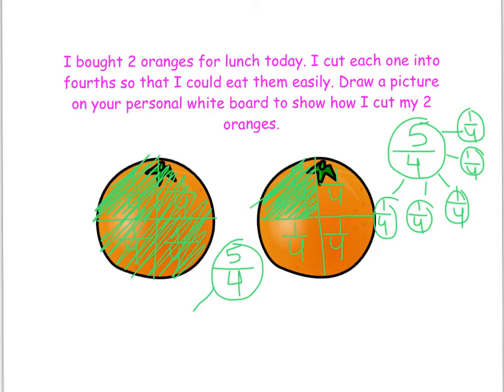Well, to make up the whole, there's 1, 2, 3, 4 pieces. So I would write 4/4. And then they want the other part to show the pieces that are more than 1 whole. Well, that would be this piece right here that I ate, 1/4. So the other part of the number bond would be 1/4.